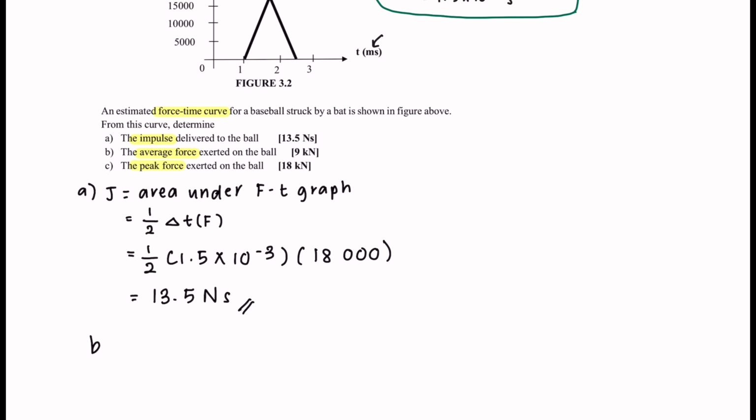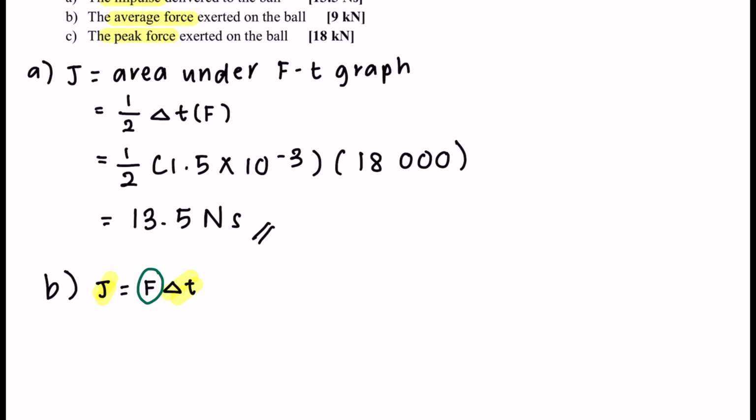For B, the average force exerted on the ball. So we know our formula is J equals force times time taken. We have our impulse, we have our time taken. We need to find this one, right? Okay, so we just substitute it in. 13.5 equals F times 1.5 times 10 negative 3.